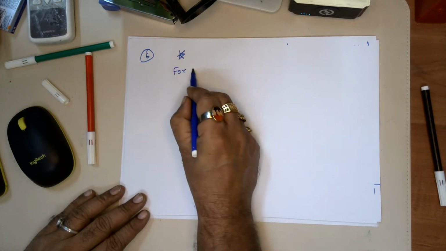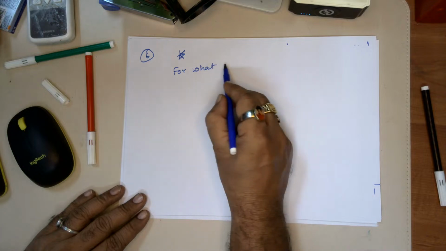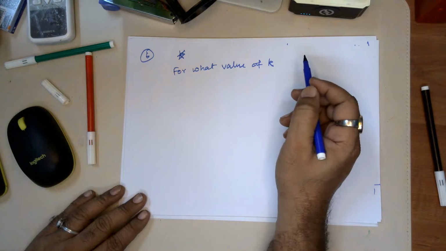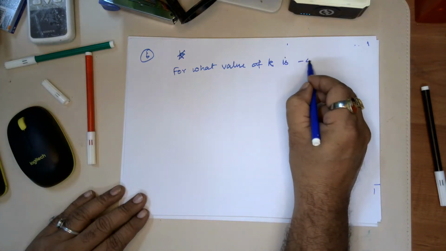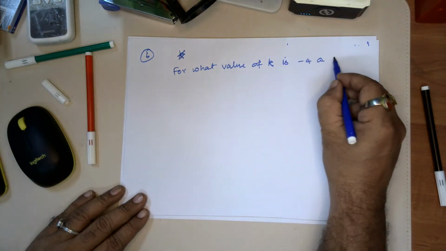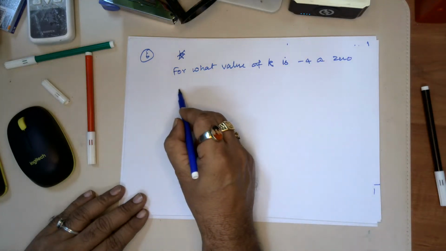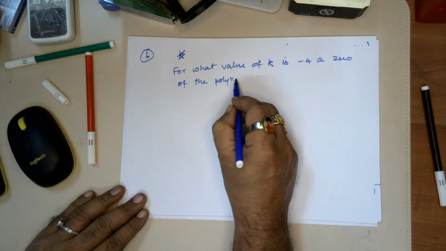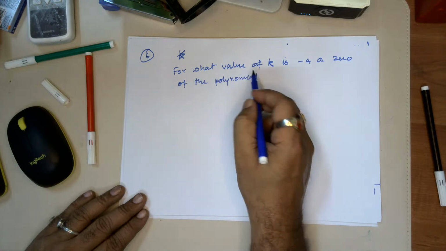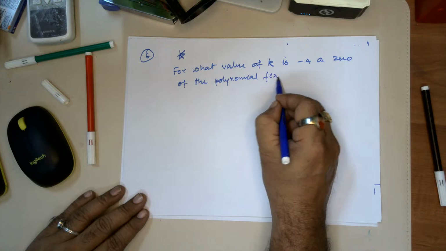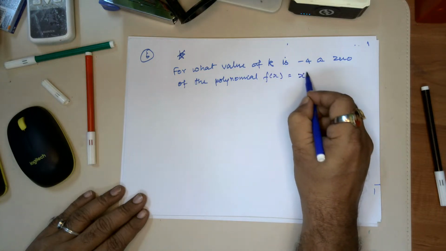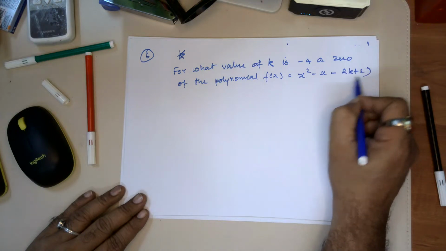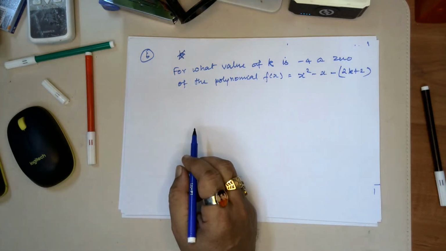For what value of k is minus 4 a zero of the polynomial f of x is equal to x squared minus x minus 2k plus 2, right?